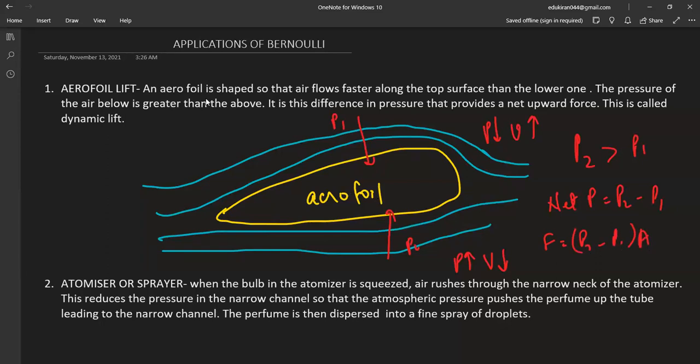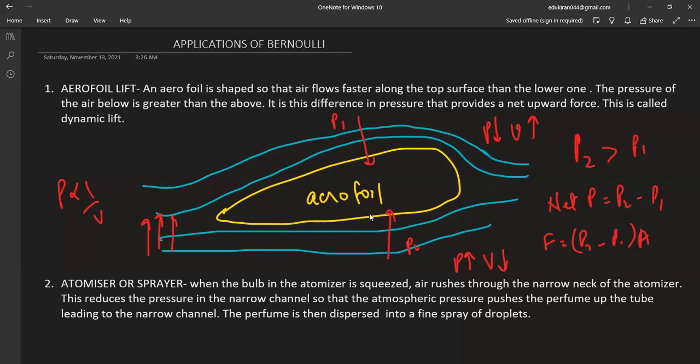So see, an aerofoil is shaped so that air flows faster along the top surface than the lower one. According to Bernoulli's theorem, we have the inverse relation of pressure and velocity. If P1 is more, it will push it down. If P2 is greater than P1, then only it will pull it up, and we want it to move.